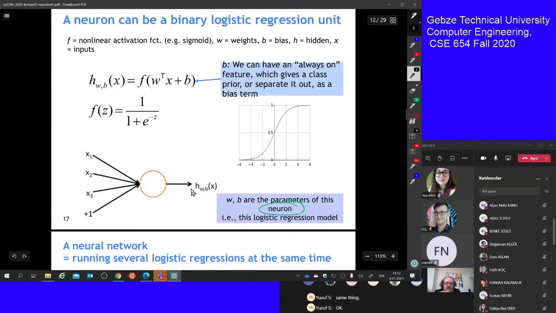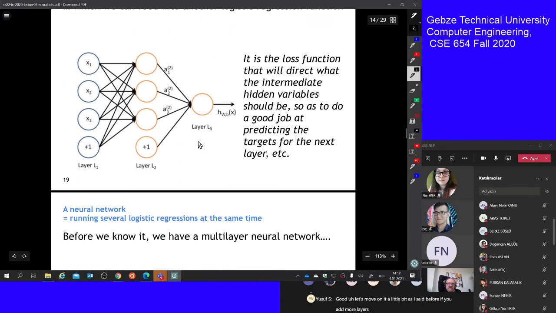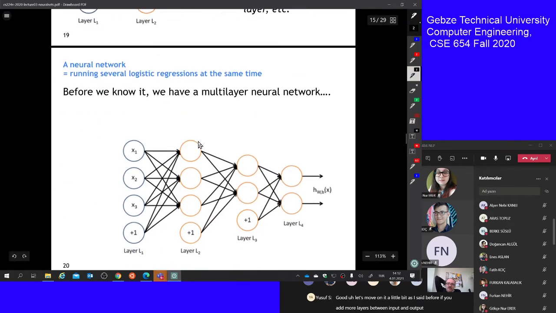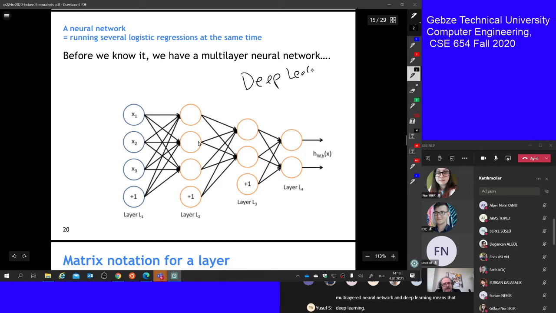Good. Let's move on a little bit. As I said before, if you add more layers between input and output, you will have a multi-layer neural network. Deep learning models are the neural network models that have many layers, more than 10, 12.